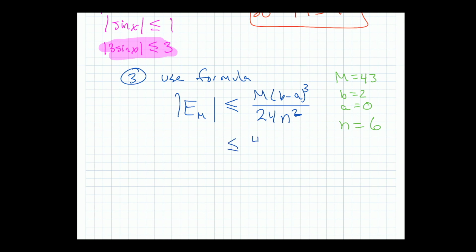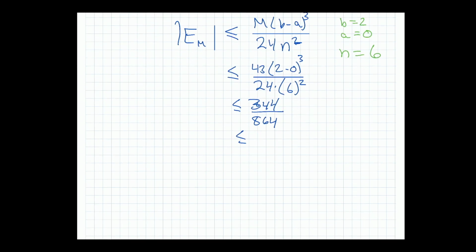So you go 43 times (b minus a), 2 minus 0, to the 3, over 24 times n squared, 6 squared. That is 344 on top. On bottom, 24 times 36, 864. So 344 over 864, 0.39.